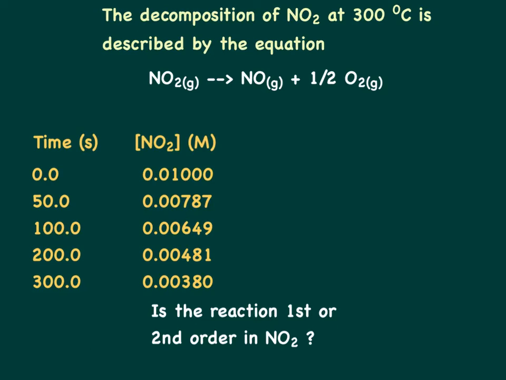Here we have the chemical equation that represents the decomposition of nitrogen dioxide. If all we're given is the time and the concentration of our reactant, then we can use graphing to determine if that reaction is going to be first or second order in nitrogen dioxide.